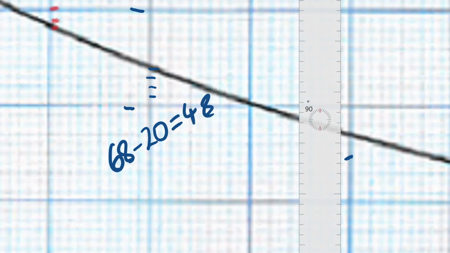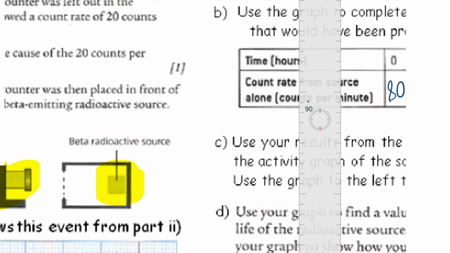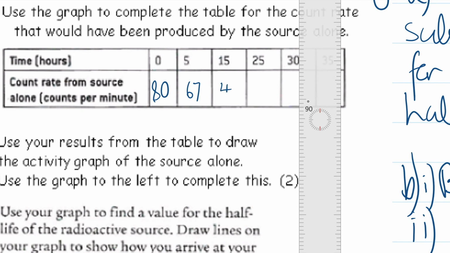So 60, 62, 64, 66, 68. 68, take away 20, the background radiation, gives us 48. Again, write that down in the table.